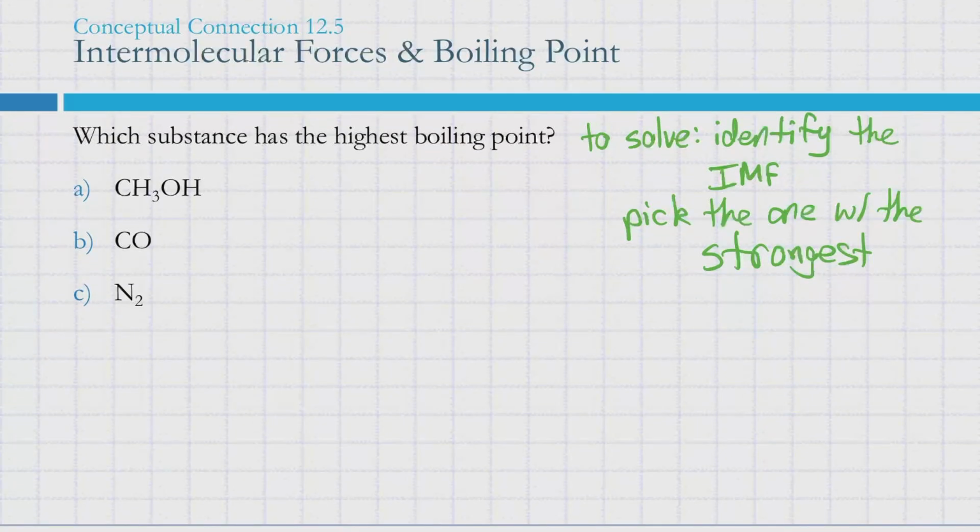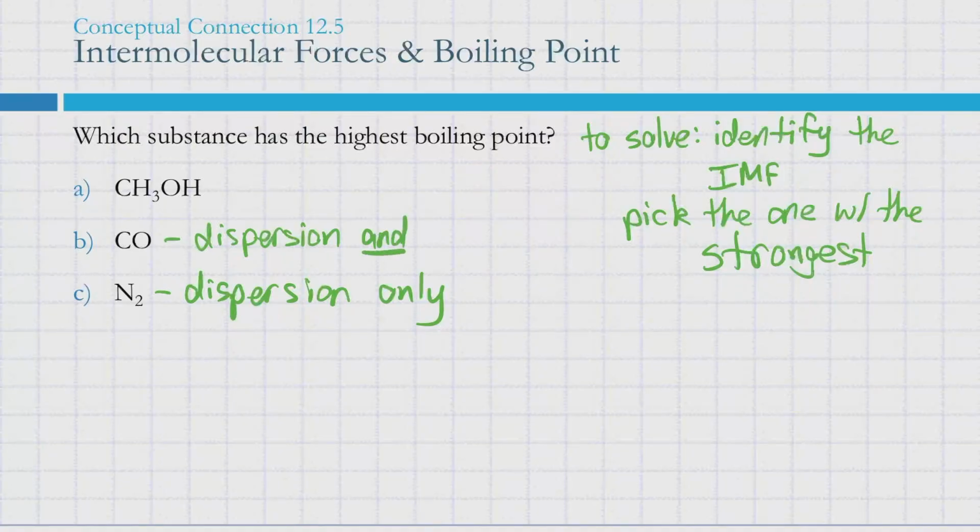So the intermolecular forces that we have available: N2, being that it's just nitrogen bonded to nitrogen, is going to have dispersion forces only. CO is also going to have dispersion, because everything has dispersion forces. It's also probably going to have dipole-dipole.